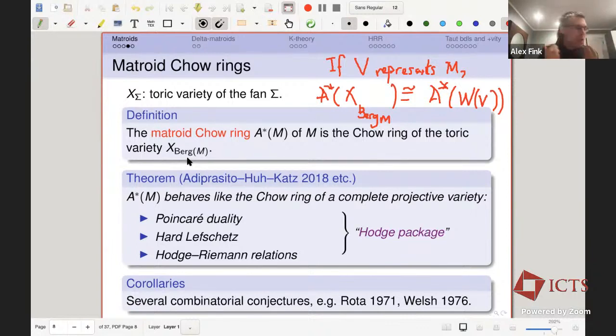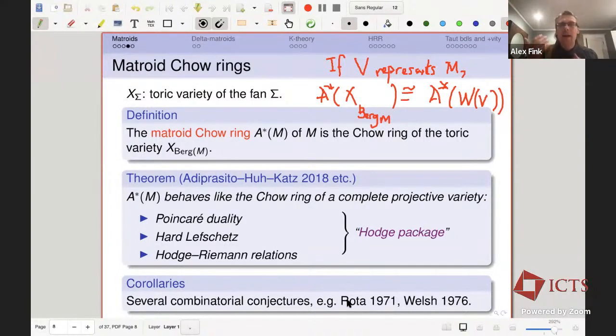So what is great about this theorem is that there are inequalities that come from the Hodge-Riemann relations. This tells you signatures of the intersection pairing, so you can get positivity from that. And that was used to establish several combinatorial conjectures which have been open for a long time, like this conjecture of Rota in 1971. That's the one from this paper that I cited.